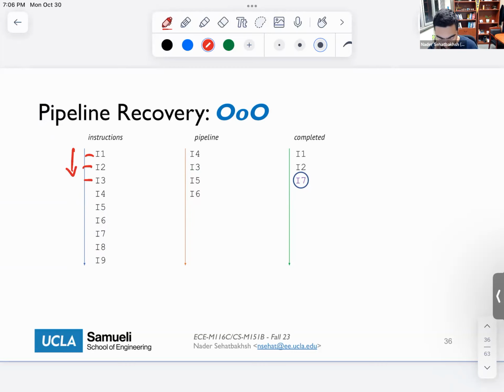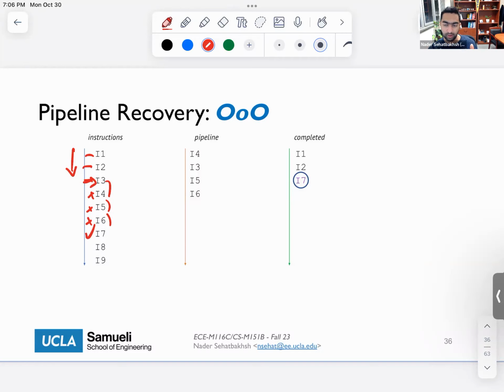But when we are doing 4 issue or 2 issue, we realize that I3 cannot go with I4, cannot go with I5, cannot go with I6, because 4 is dependent on 3, 5 is dependent on 4, and 6 is dependent on 5. But 7 is actually independent from these. I'm making up numbers and examples, right?